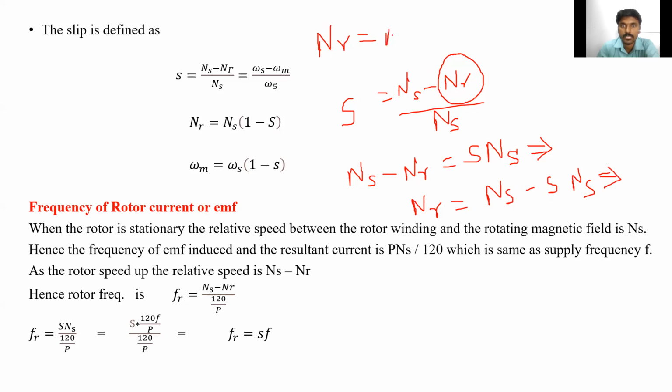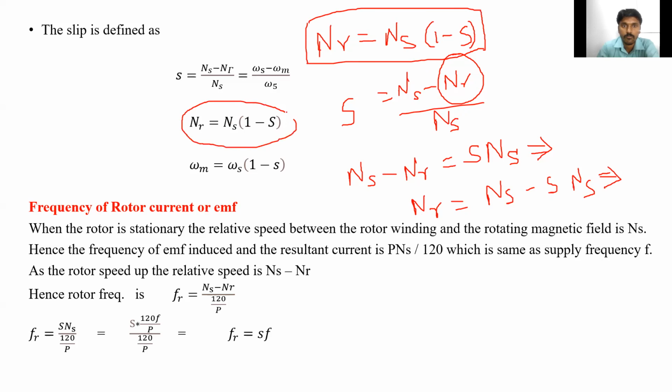If we take ns common, ns into 1 minus s. nr is equal to ns into 1 minus s. Clear? This is the formula for finding the motor speed. Clear?